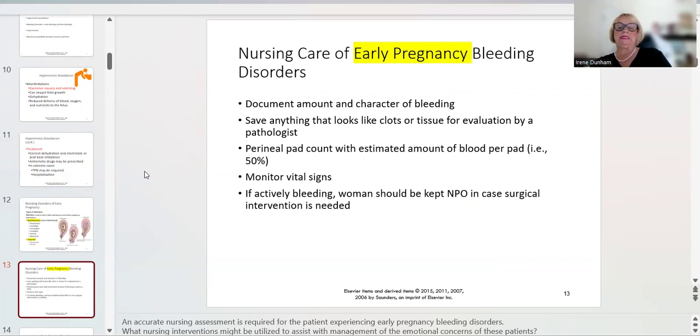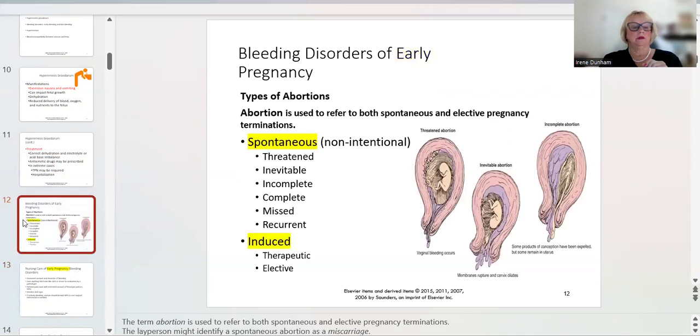If we do a D&C at the hospital, all those products of conception, say she had an incomplete AB and we evacuate it all out, we collect that. It looks like a little net, and we send that to pathology. Pathology will examine it and confirm that yes, they are products of conception.